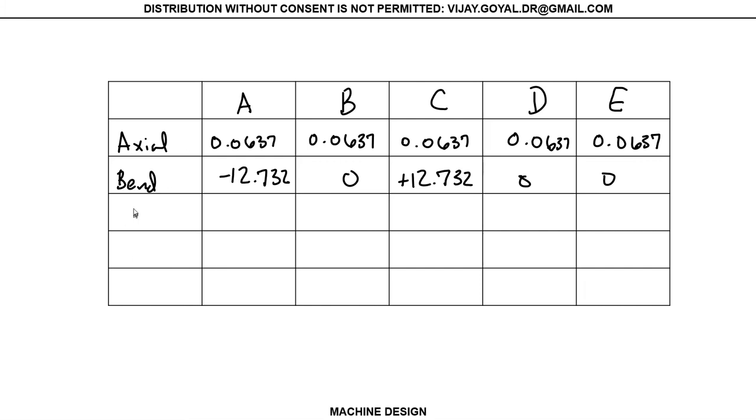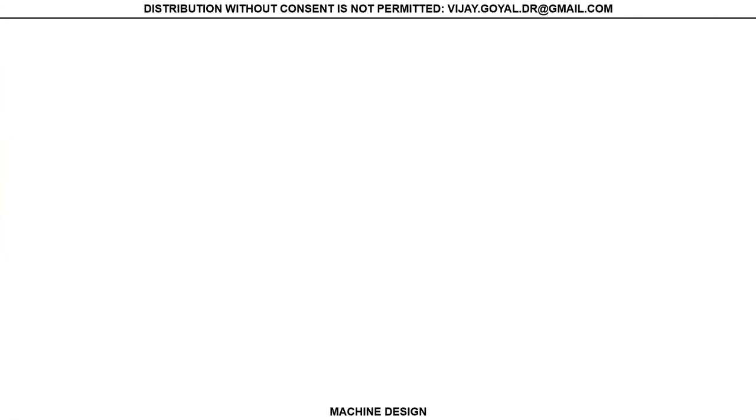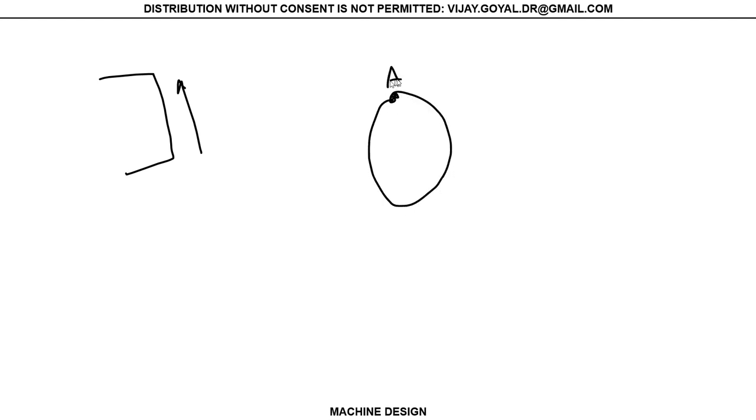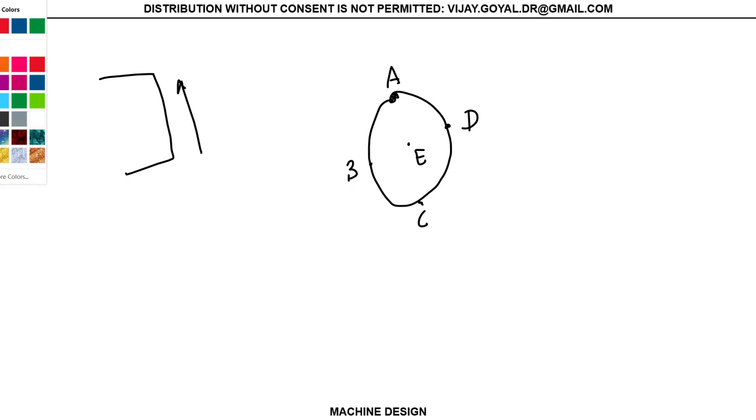The next item that we're going to look at is shear, the shear load. For the shear load, note that the value of shear was positive in this sense. So if my cross section is A, B, C, D, and I have E, your load is acting always in the same direction of this load. The stress will be in the same direction.